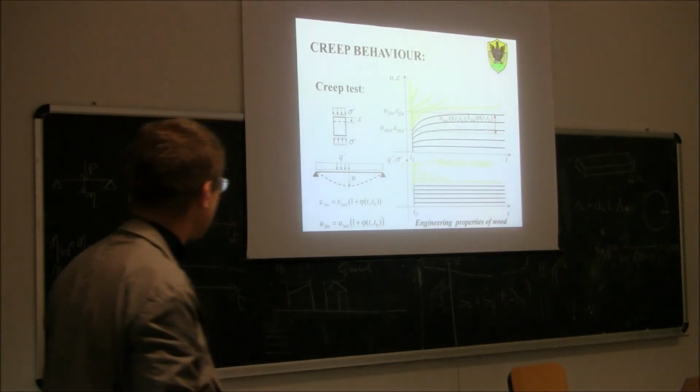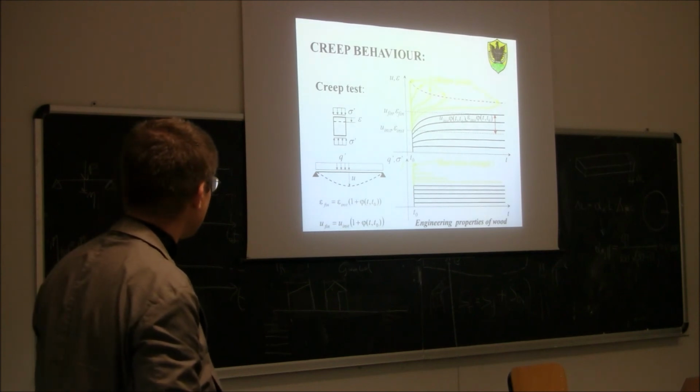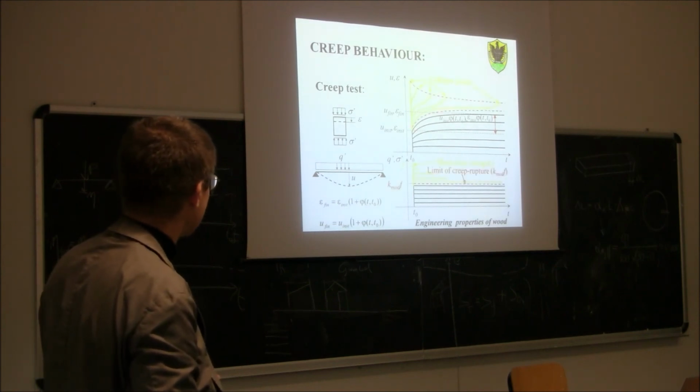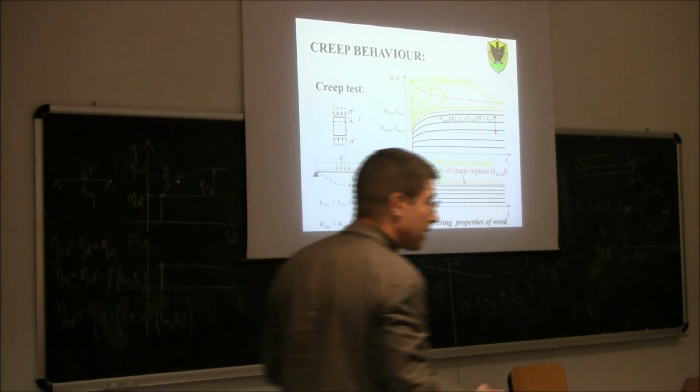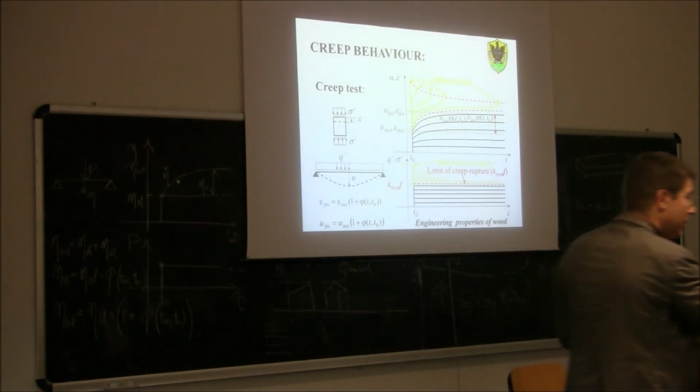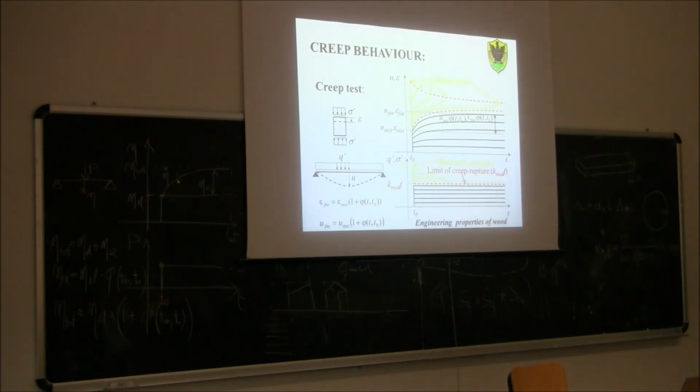Above this limit, which is now denoted with this red dashed curve, I've got specimens that at the beginning they creep, they resist over time, but eventually they fail. Of course, the higher the load, the sooner the failure. You see, all these points are collapse points. So this red line is called limit of creep rupture.